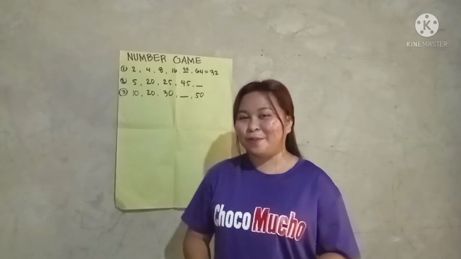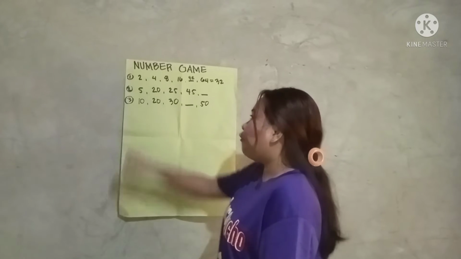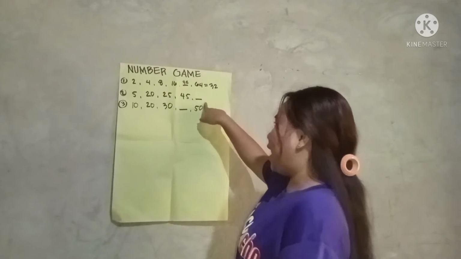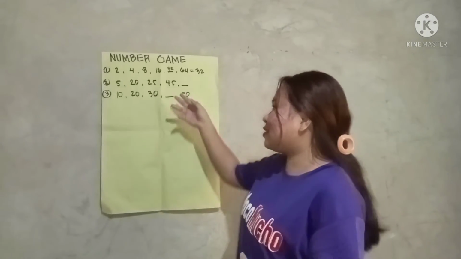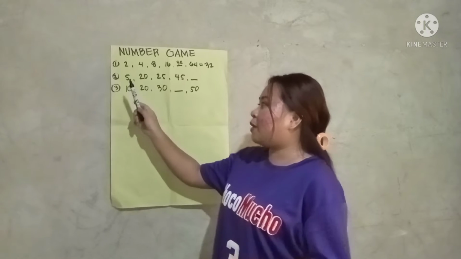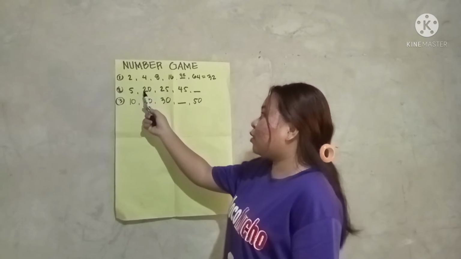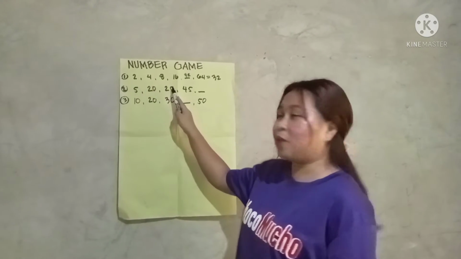Now, let's go to the number 2. So in number 2, the sequence numbers are 5, 20, 25, 45, and blank. So let's find the missing number again. So in this sequence, you are going to add the first number to its second number so that you will get the next number. So 20 plus 5 equals 25.